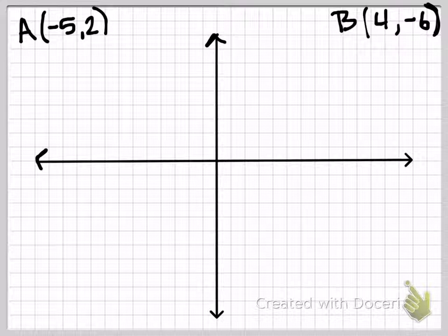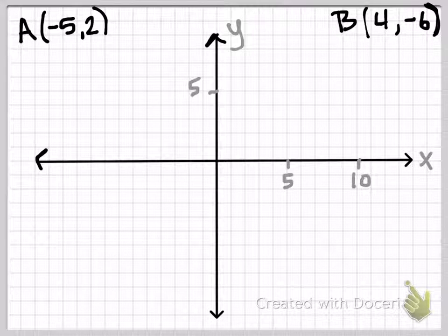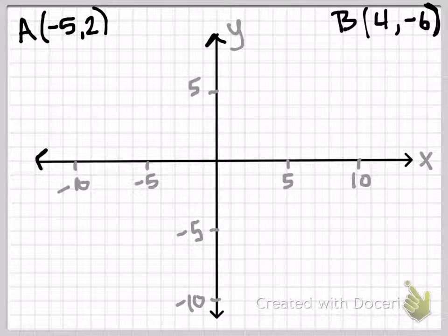All right. So here's the second grid on the foldable, and it wants us to plot the points A and B, and they're different this time around. But we need to set up our grid first. So we have an x-axis, a y-axis, and we're going to number this one the same as we did the last one. So we're going to plot our points.